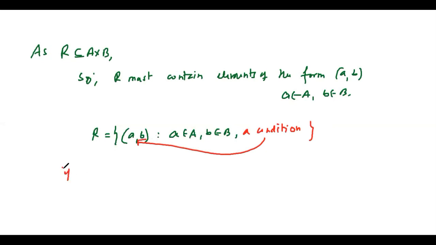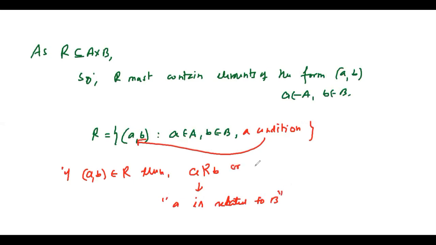And then if any element (a, b) belongs to R, we write that a is related to b. This is how we read it. Sometimes we can write it like this also; this notation is more familiar in functions, not in relations.